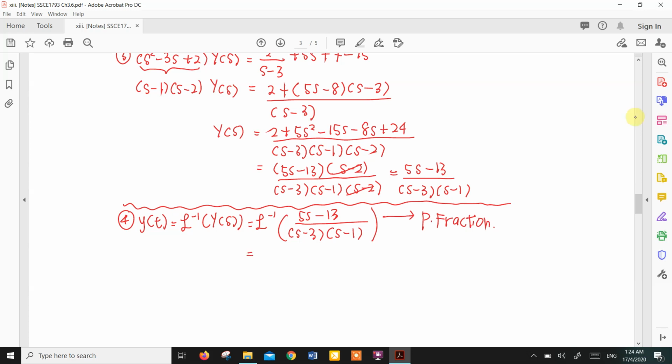By using partial fraction, you get 1 over s minus 3 plus 4 over s minus 1.